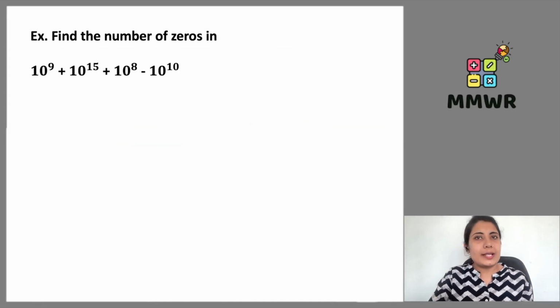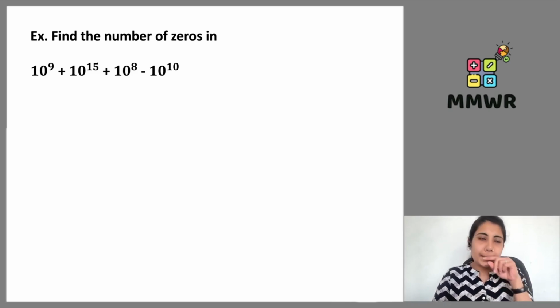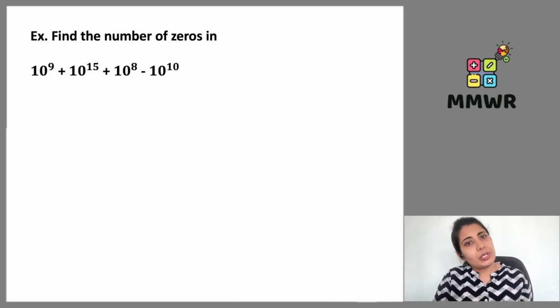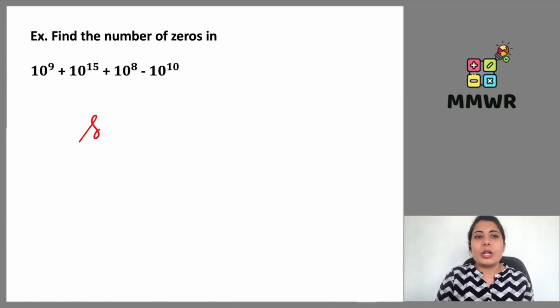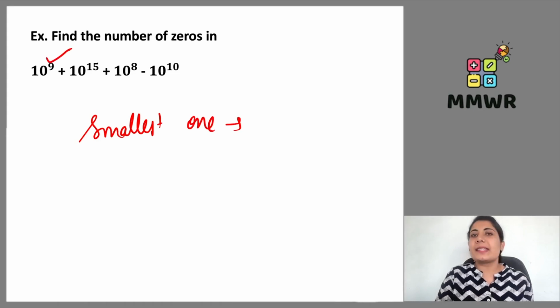Let's move to another example where we have to find the number of zeros in 10 to the power 9 plus 10 to the power 15 plus 10 to the power 8 minus 10 to the power 10. So we can see the smallest one here. Sorry, 8 is the smallest one, right?